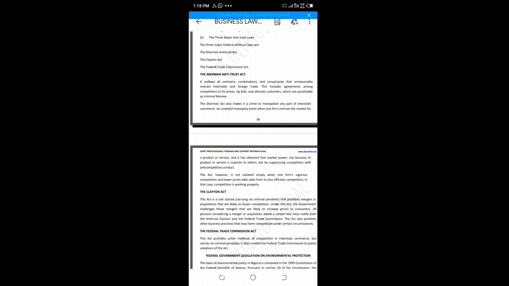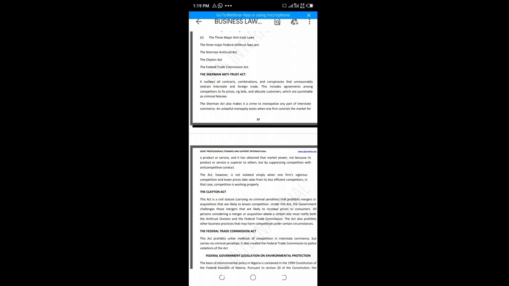So under this act there is lesser competition, and you can't sell your product on the high side without informing the Federal Trade Commission.